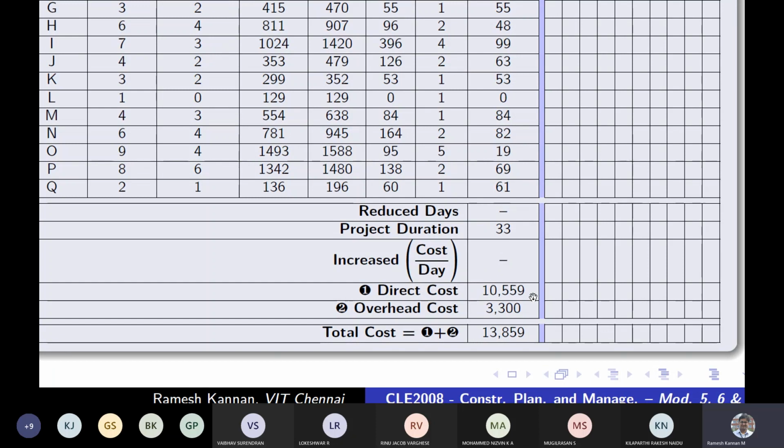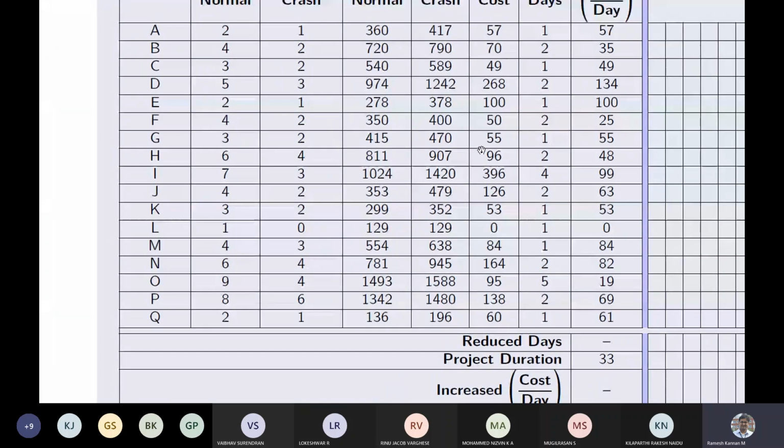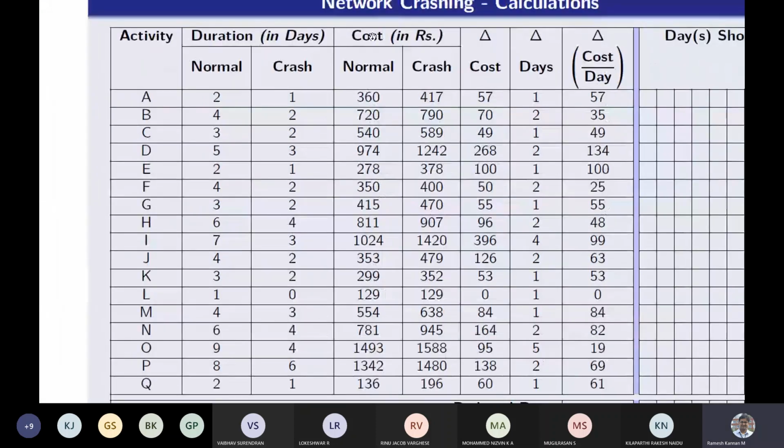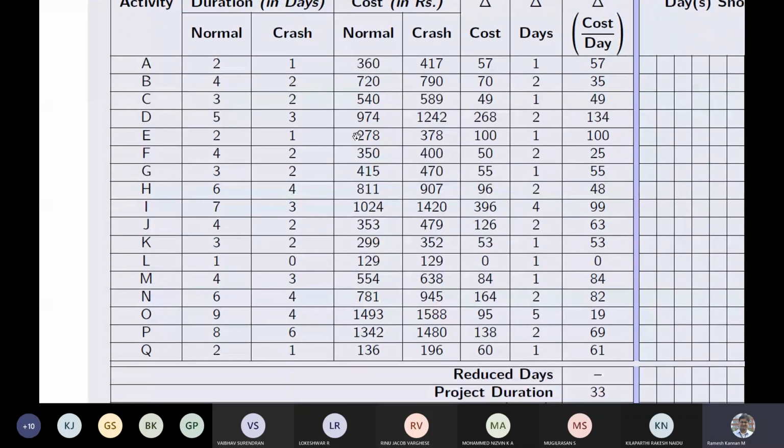The direct cost is the total normal cost, and the overhead cost is 3,300, anticipated for 33 days. If you reduce the duration, this value is going to reduce, so we'll take a look at that. Initially the total cost is 13,859. Not all these factors can contribute, so I've shortened this table further. Let's take a look at that.